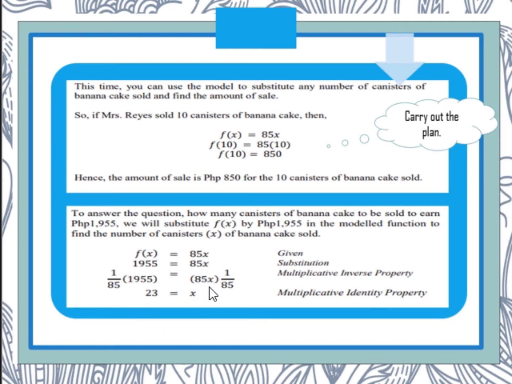And 85x times 1 will be 85x over 85. Makakancel na yung 85, kaya ang matitira na lang ay yung variable x. Therefore, x will be equal to 23 kung ang gusto ni Mrs. Reyes na kitain ay 1,955.